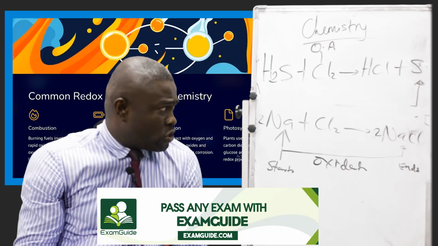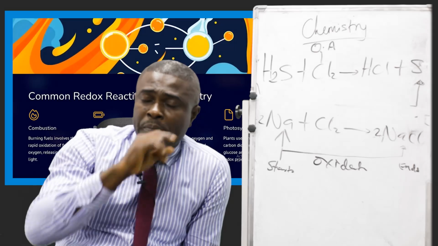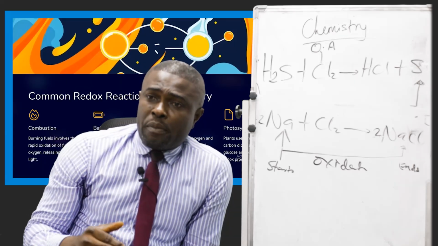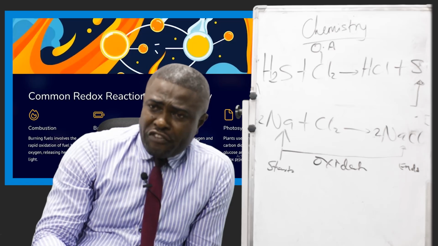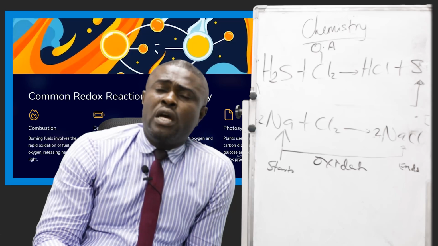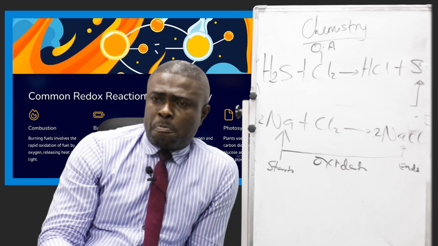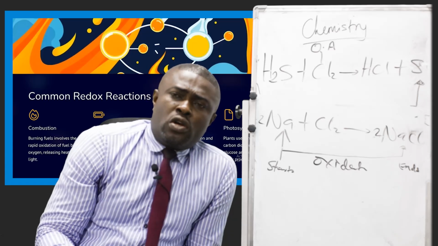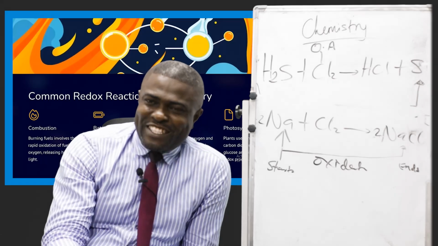Before I define reduction reaction, taking the different examples I have taken before, I want to remind us and summarize these basic 4 to 5 ways of defining oxidation. Number 1, I said it is a reaction involving loss of electron. And where there is loss of electron, there is what? Increase in oxidation number.